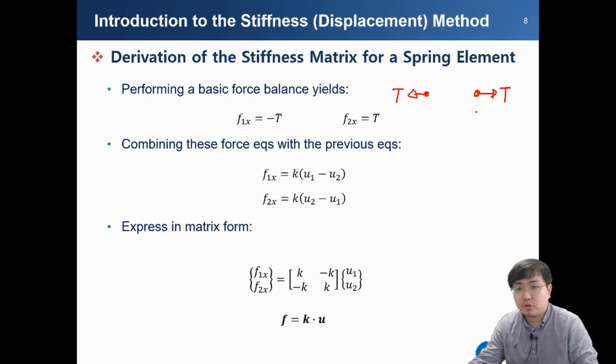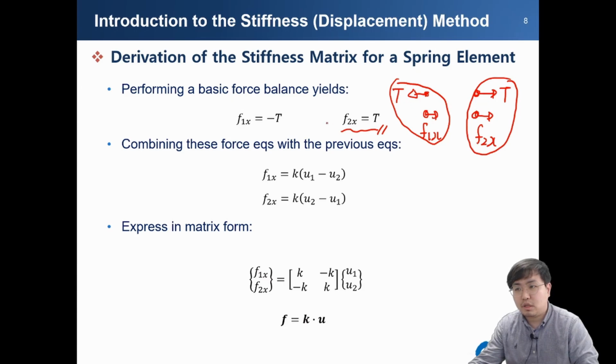However, in the first nodal point, we define F1x. In the second nodal point, we define the nodal force variable F2x. So here F2x and T have the same direction. However, F1x and the reaction force T have different directions, so I added a minus sign here.